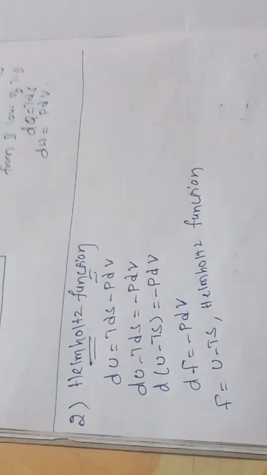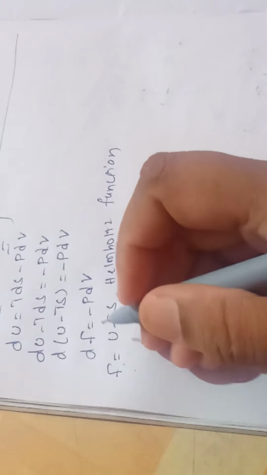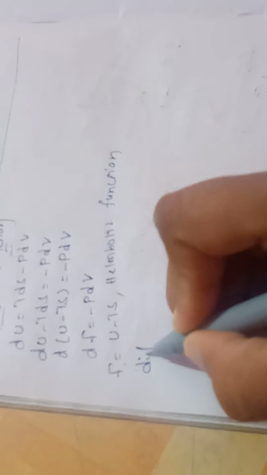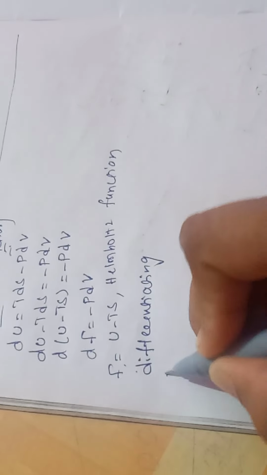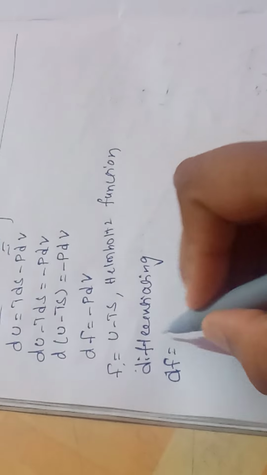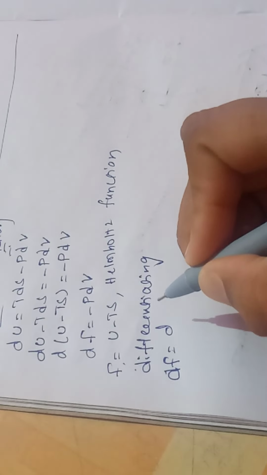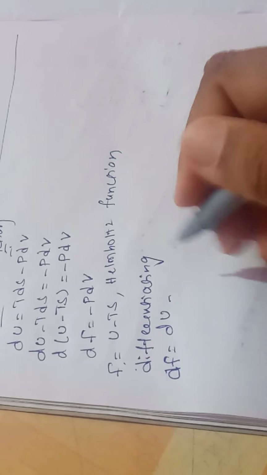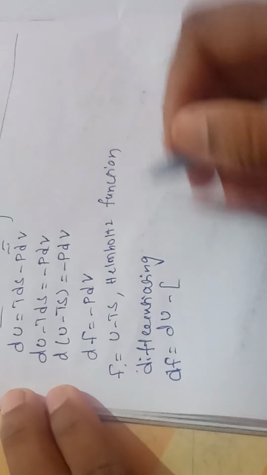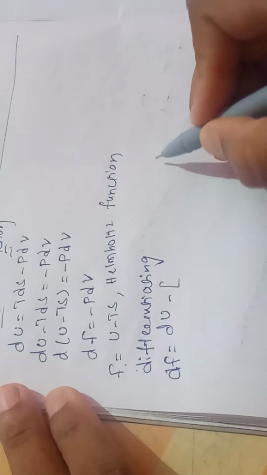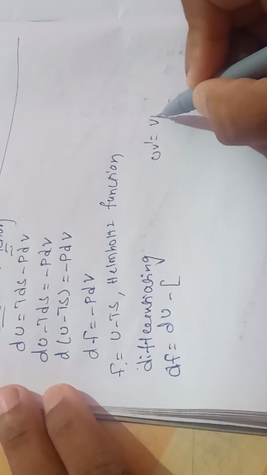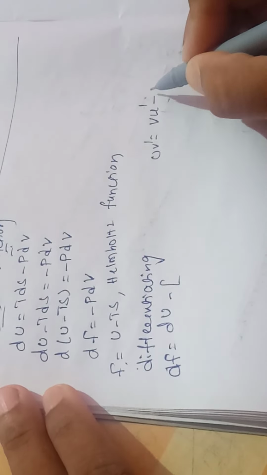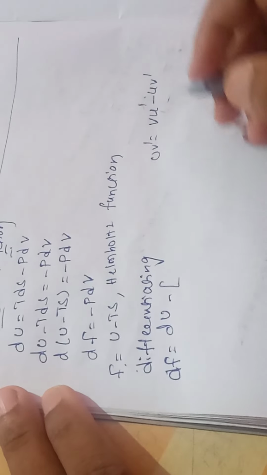Right? Now differentiating it, we get dF equal to dU minus, using the relation for the product, we write it as v u dash plus u v dash.